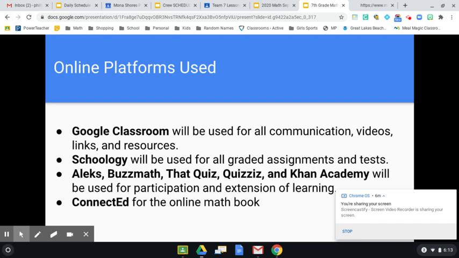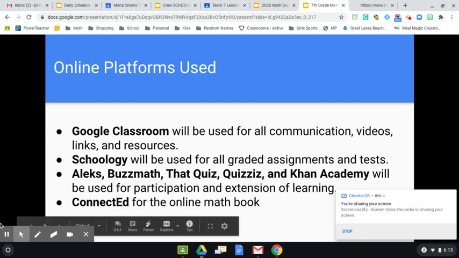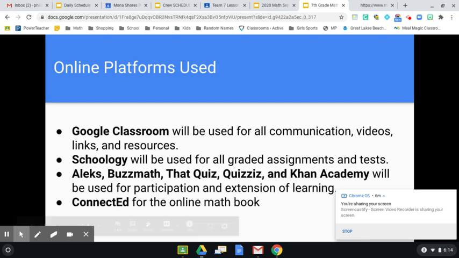We will also use Schoology. In Schoology, we will use that for all of your assignments, your quick checks, and your tests. Google Classroom and Schoology we use a lot. Those will be our two main online platforms that we use in class.